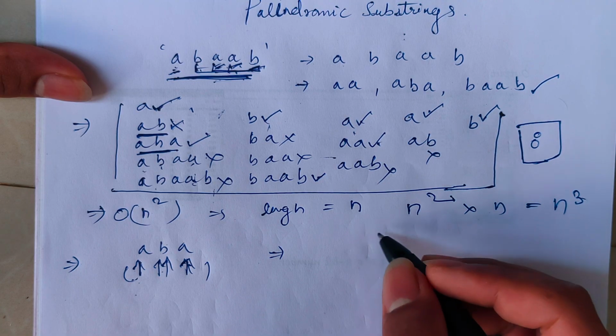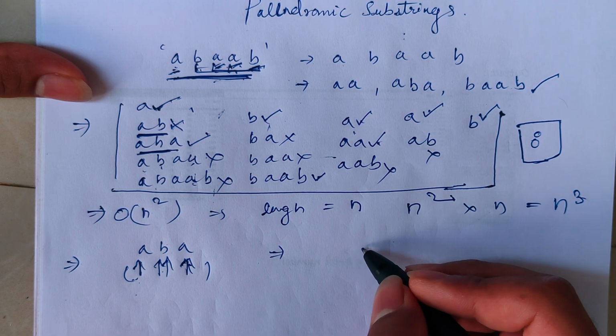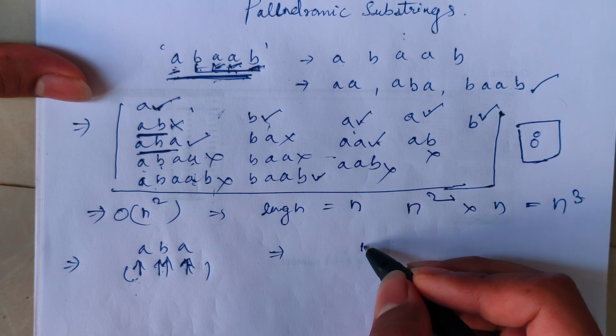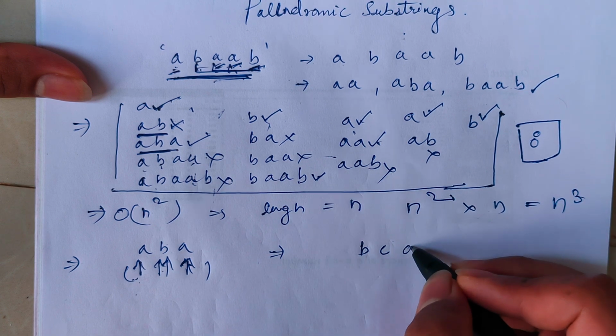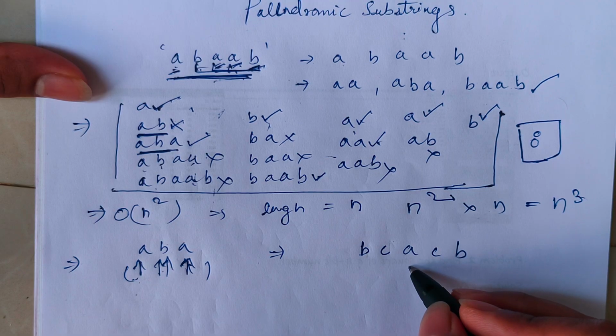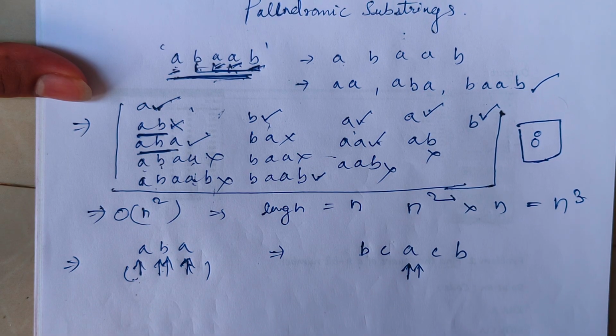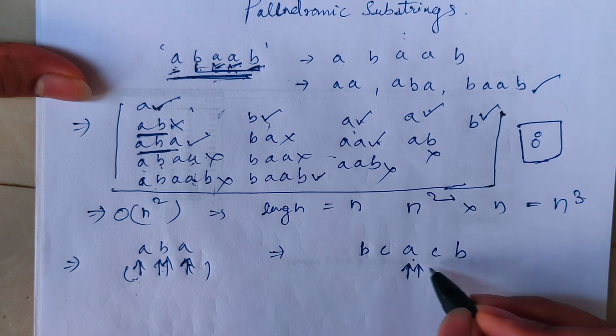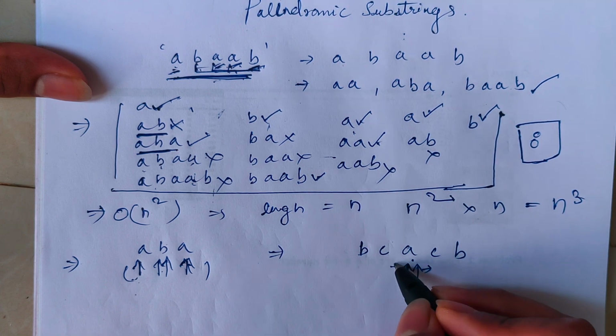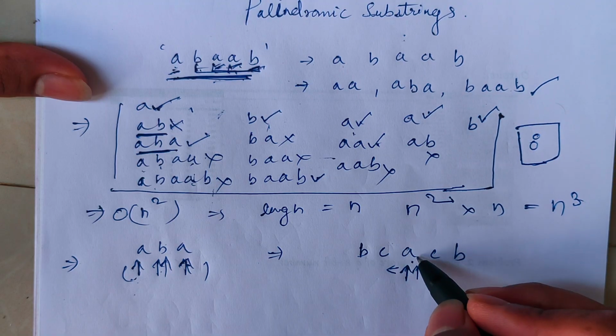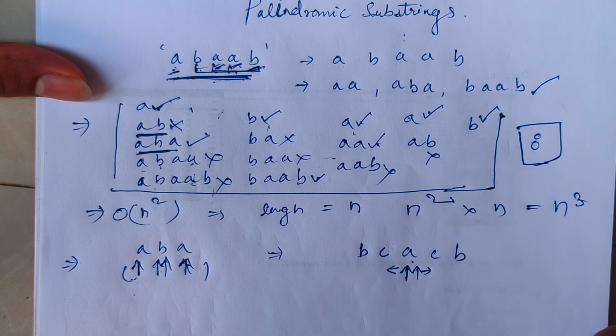So if we have BCACB, let's start from the middle. We have two pointers pointing at the middle. Let's shift them, right? In this way we can calculate the substrings also.